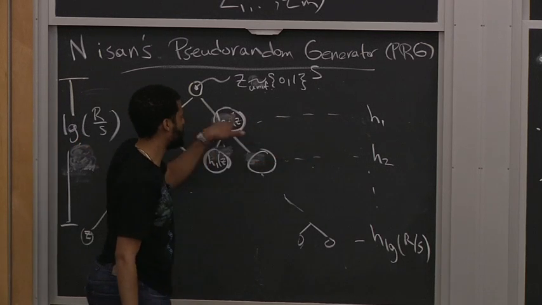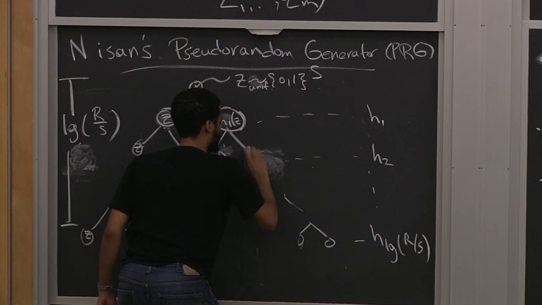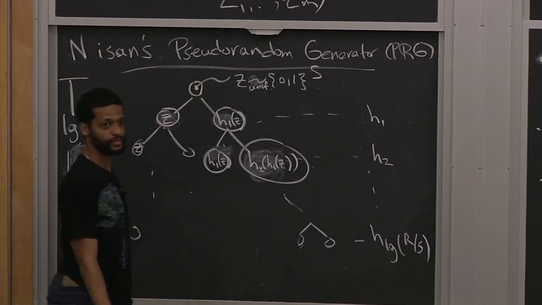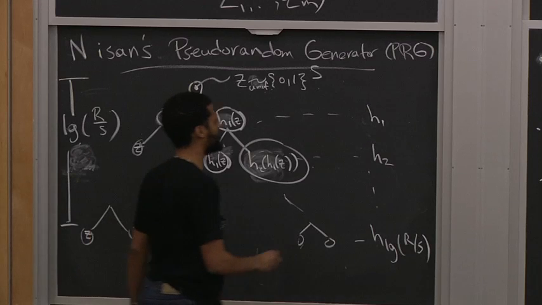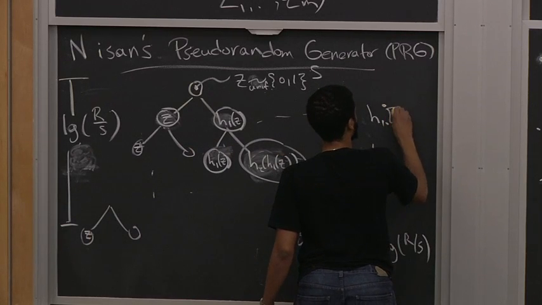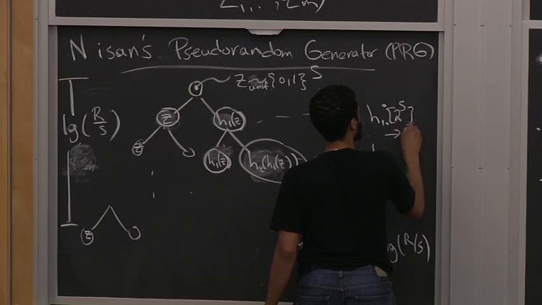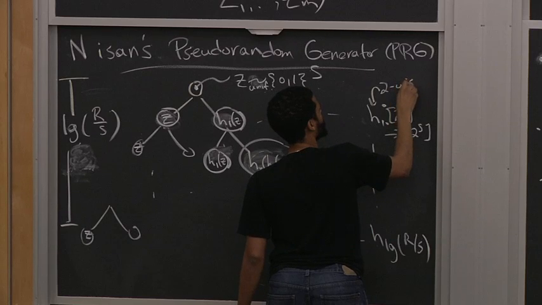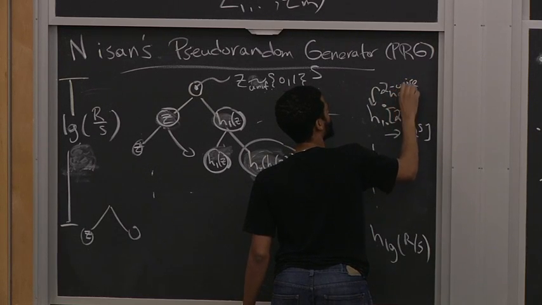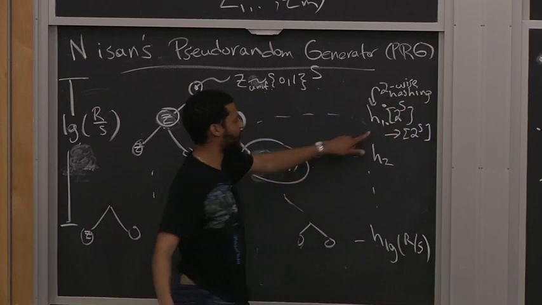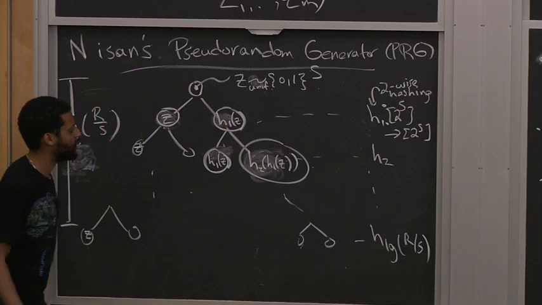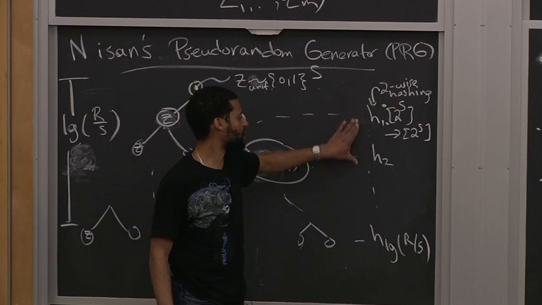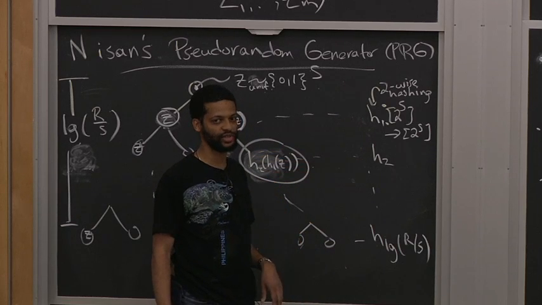Here you apply h2 to the parent, so you have h2 of h1 of z. Each one of these is a hash function mapping 2 to the s into 2 to the s, and it comes from a 2-wise family. You pick h1 from a pairwise independent hash family, you pick h2 again from a pairwise independent hash family, but independent of h1. So these are independently chosen pairwise independent hash functions.